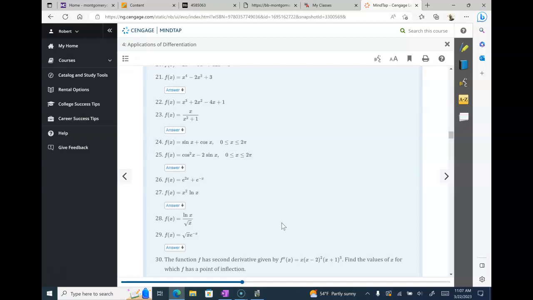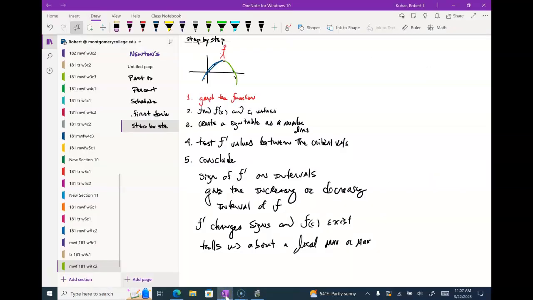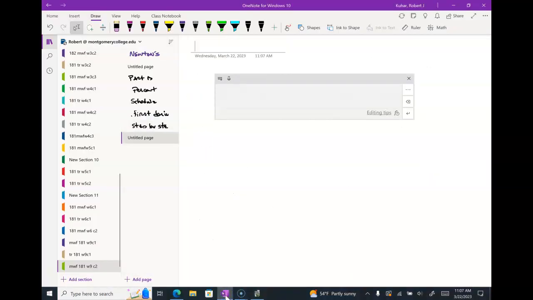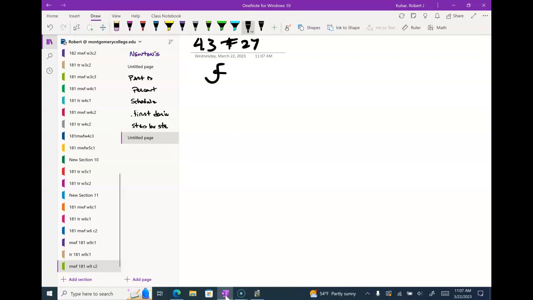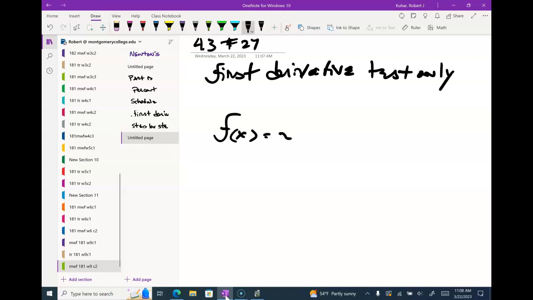So x squared ln of x, yes? So this is 4.3, number 27, first derivative test only. This one's not that bad. Some are pretty bad. So f of x is x squared ln of x. I think I can draw it.